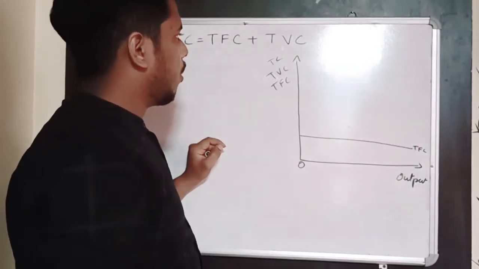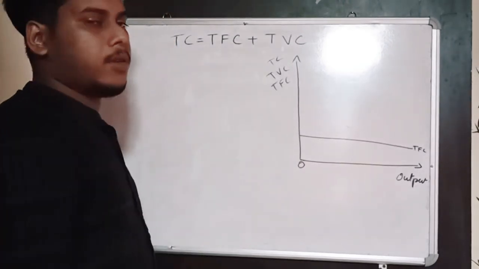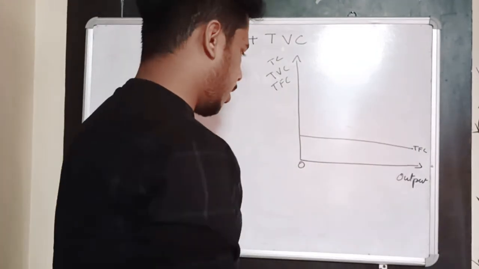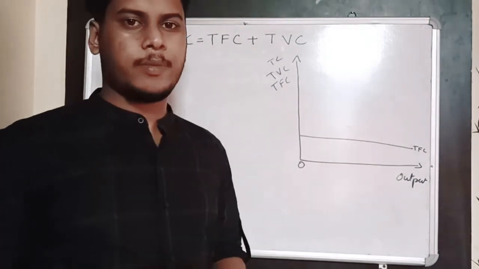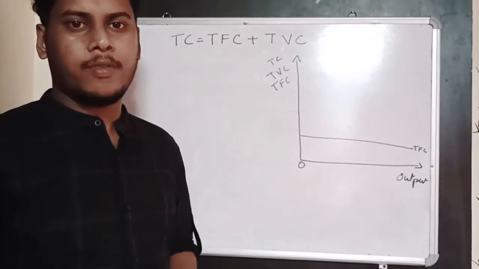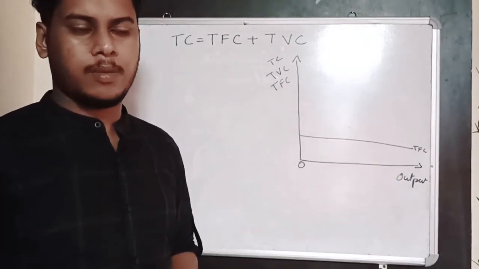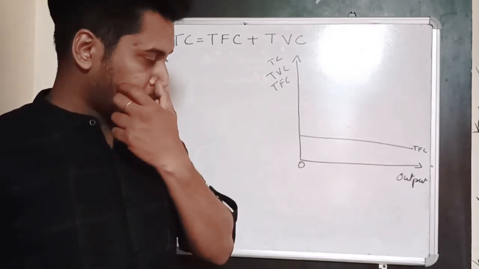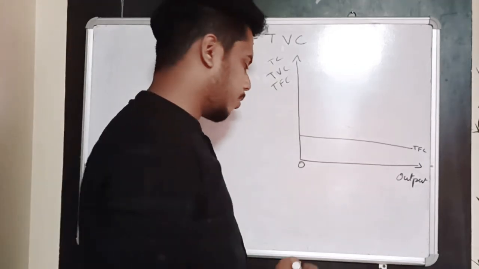Whereas the total variable cost does change with output, and when your output is zero, that means you are not employing any variable factors, any labor or capital. So when your output is zero, your total variable cost will also be zero.